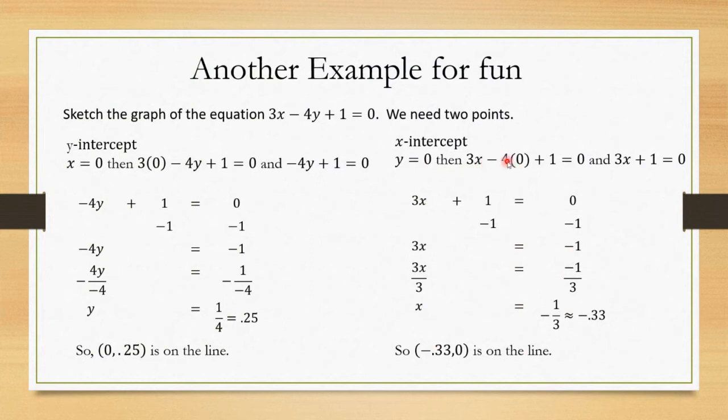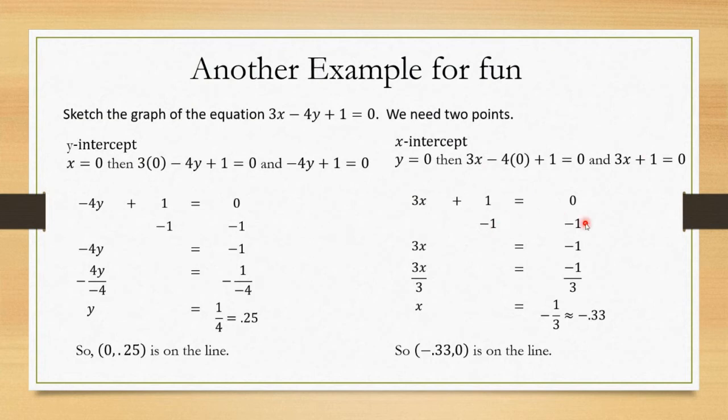So you get 3x minus 4 times 0 plus 1 is 0. So from here, we get 3x plus 1 is 0. 4 times 0 is 0, so that's gone. So we're left with 3x plus 1 equals 0.